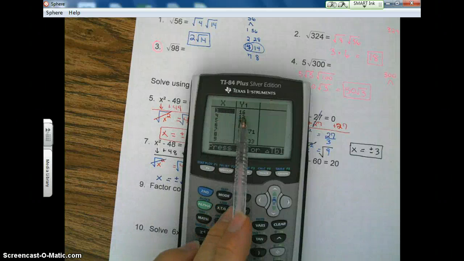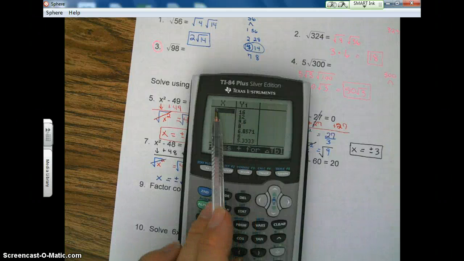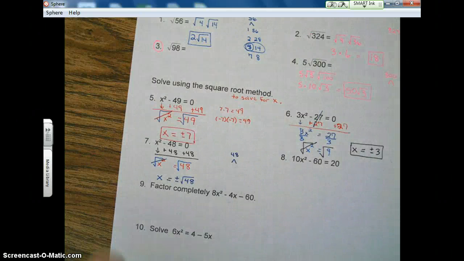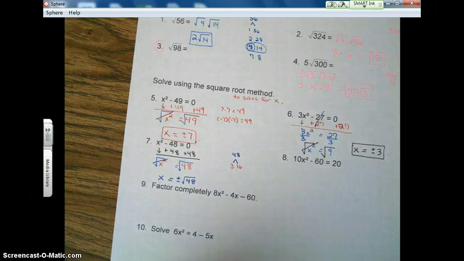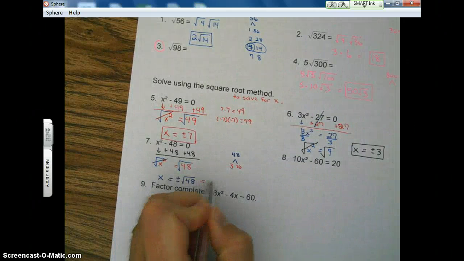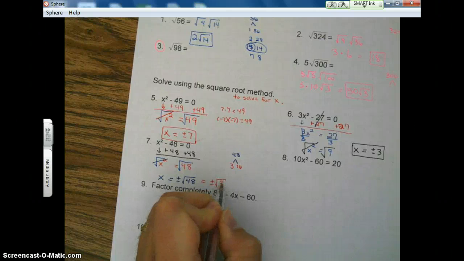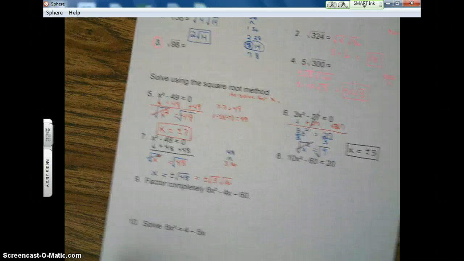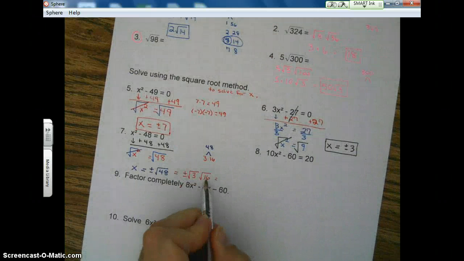What are we looking for? We're looking for a perfect square. 16 is a perfect square. So we're going to use 3 and 16 as our two numbers, since 16 is a perfect square. So we're going to have plus or minus the square root of 3 times the square root of 16, okay, equals, and I'm going to go ahead and do my square root of 16 first.